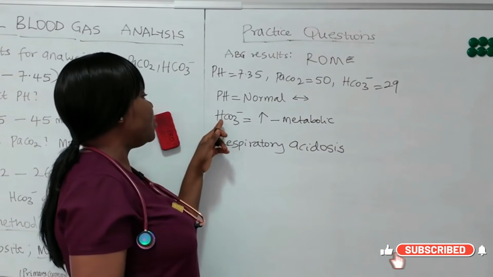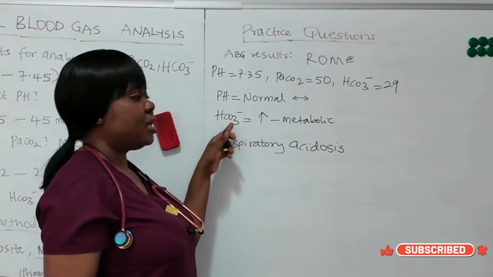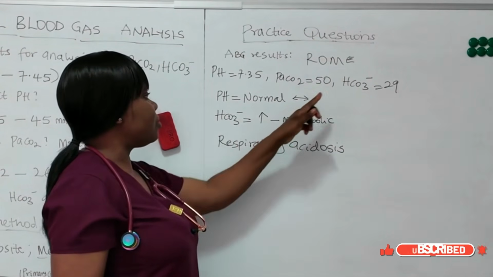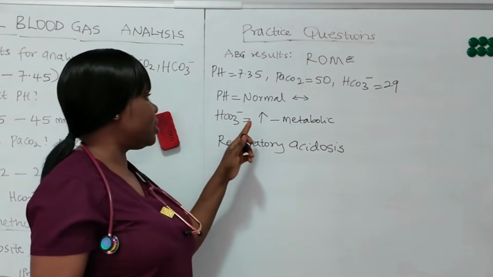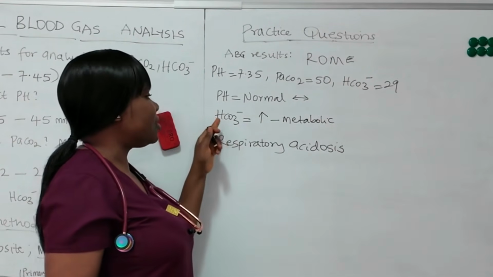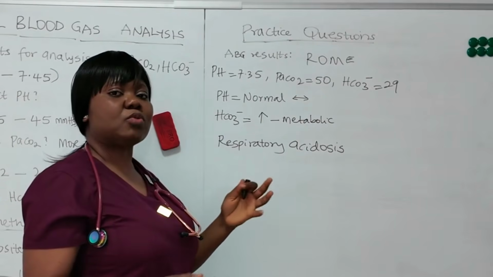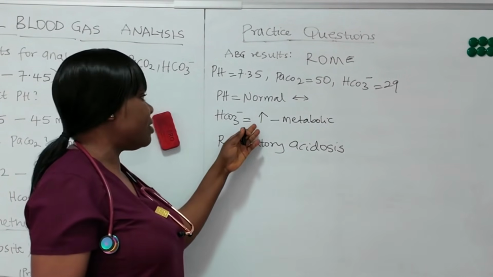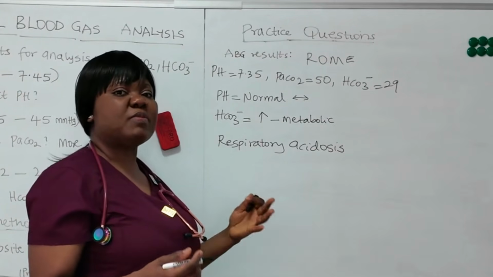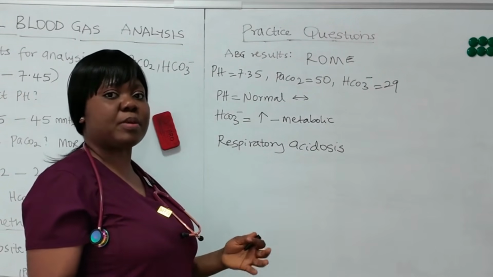Now, from what we see from this bicarbonate, the arrow says up because we are seeing 29. So because the bicarbonate is up 29, it shows that the kidney is trying to retain or reabsorb bicarbonate and excrete hydrogen ion. So definitely there's a compensation. So do we know if it's fully compensated or partially compensated?